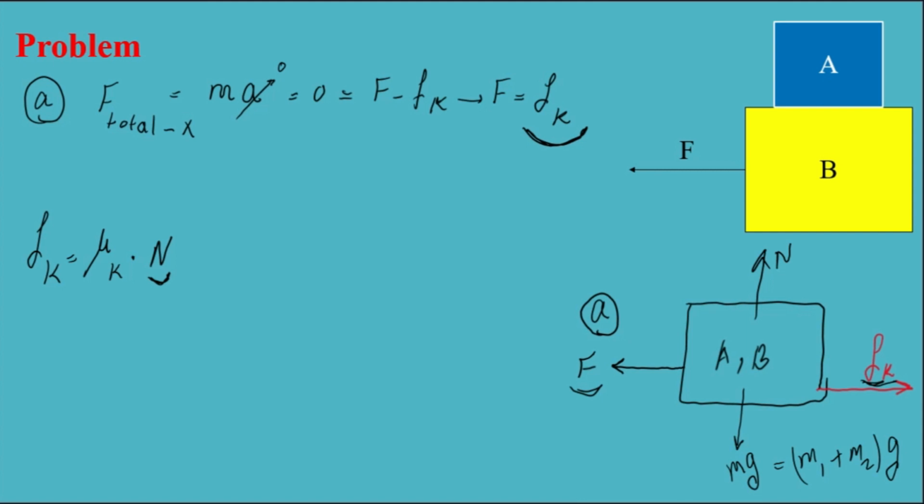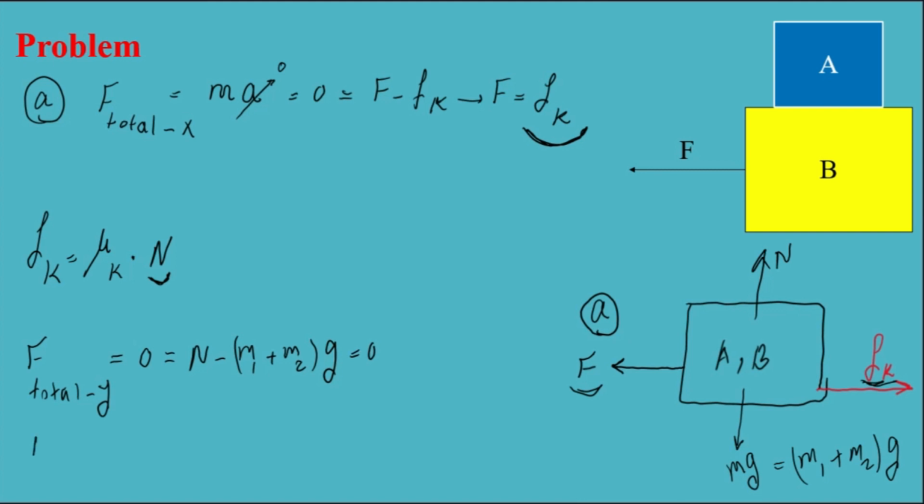So let me write down Newton's second law in the y-axis. F total in the y-axis is equal to 0 because there is no movement in the y-axis. So n minus (m1 plus m2), remember they're moving together, times g equals 0, right?